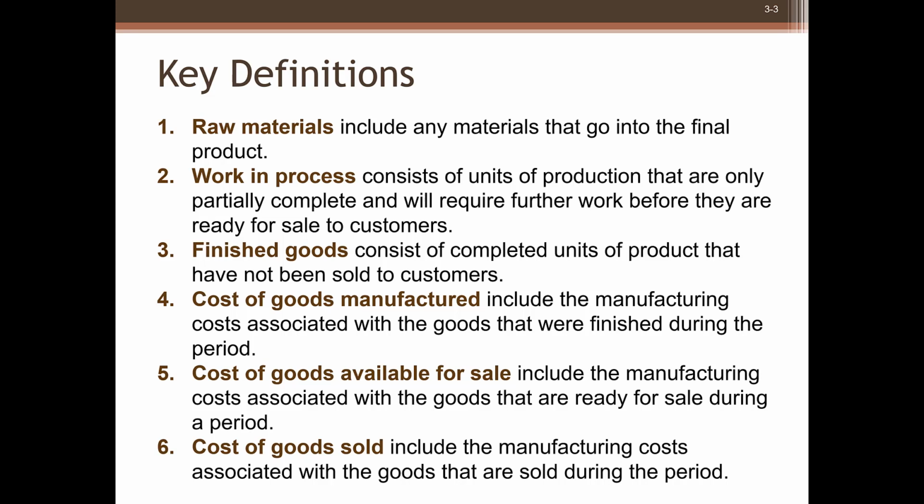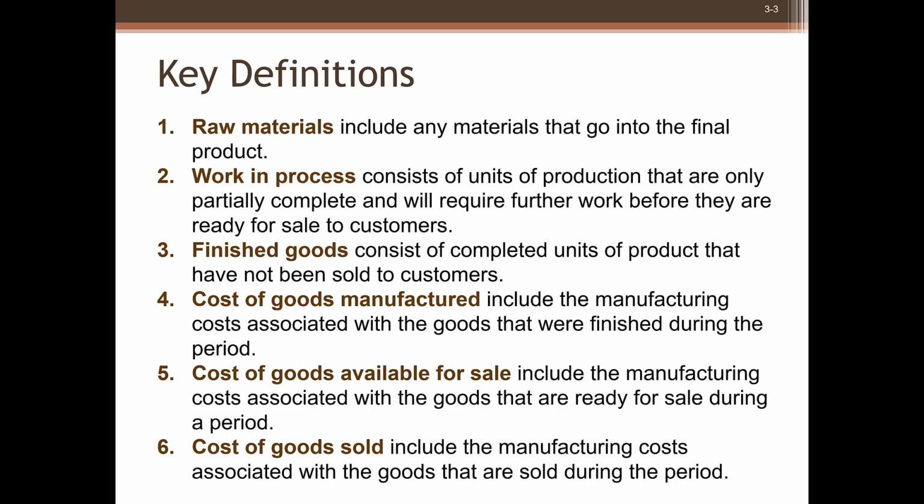Number 3, finished goods. Finished goods consist of completed units of a product which have not been sold to customers. Here, in merchandise companies, on the balance sheet, there is only one inventory account, which will be reported as a current asset on the balance sheet.